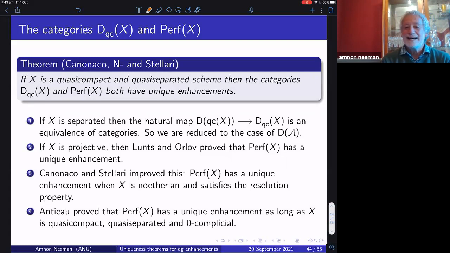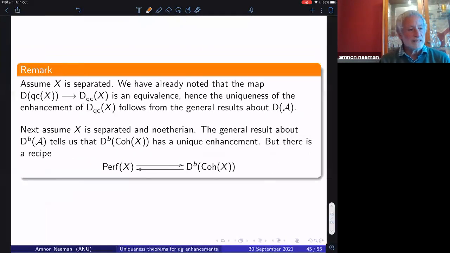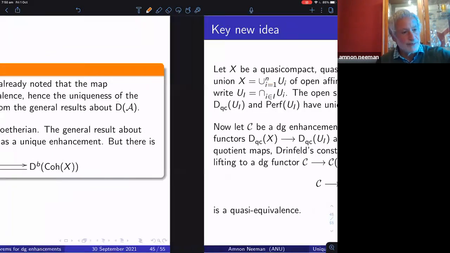So he proved it as long as X is quasi-compact, quasi-separated, the same generality in which our result works, but with the extra technical condition that it has to be zero completion. Let me not explain it because this extra technical condition turns out to be superfluous.